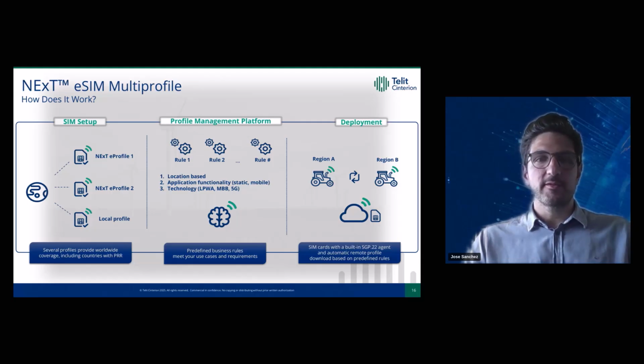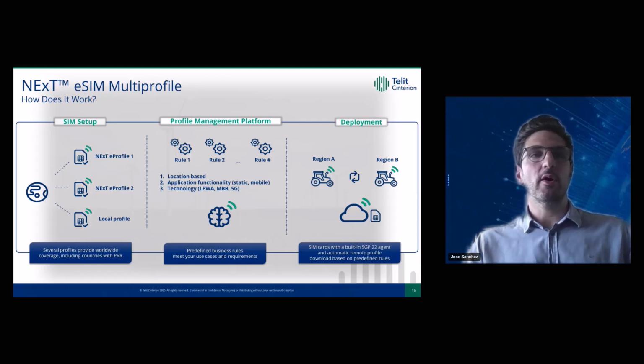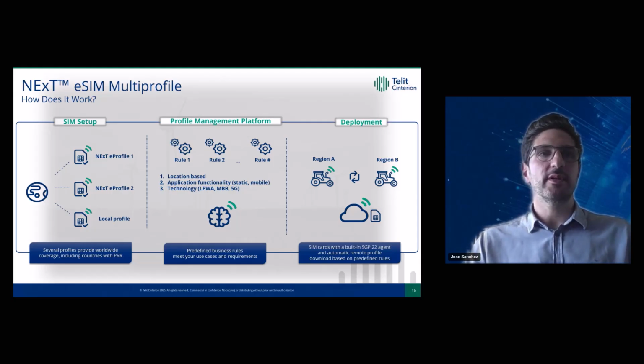And last but not least, when the device goes into the field, the system, the CMP, will detect any changes in the device configuration, for instance the country of operation or the coverage situation, and will issue commands to the SIM card in order to achieve the target.